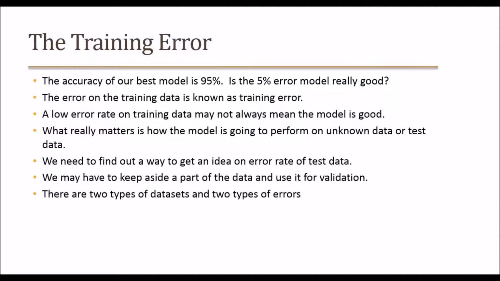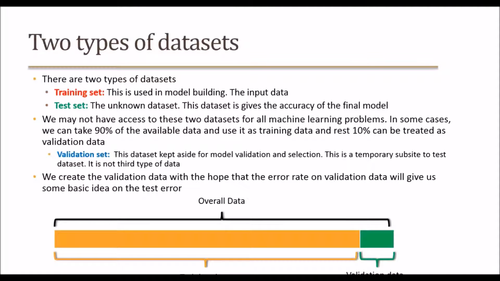Then if the model is still doing good on that unknown data, or the out of time data, or the validation data, if it is still as accurate as on training data, then we can believe the true predictive power of the model. So there are two types of data sets and two types of errors. One is the training data set, the actual model input data.